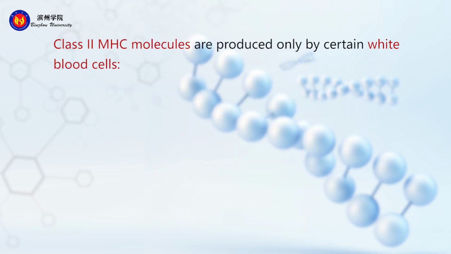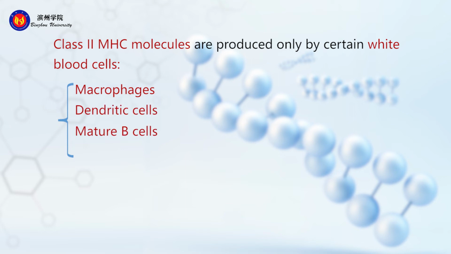Class II MHC molecules are produced only by certain white blood cells, such as activated macrophages, dendritic cells, mature B cells, some T cells, and certain cells of other tissues.